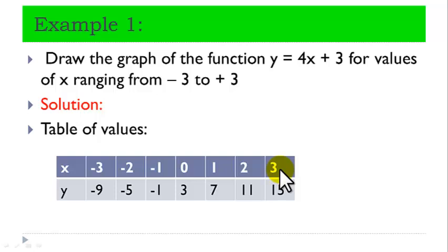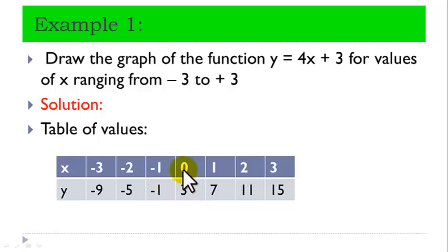Let us now find the corresponding values of y for a given value of x. When x is minus 3, y will be equal to 4 times minus 3 plus 3, and that will give us minus 9. When x is minus 2, y is equal to 4 times minus 2 plus 3, and that is equal to minus 5. When x is minus 1, y is 4 times minus 1 plus 3, and that gives us minus 1.